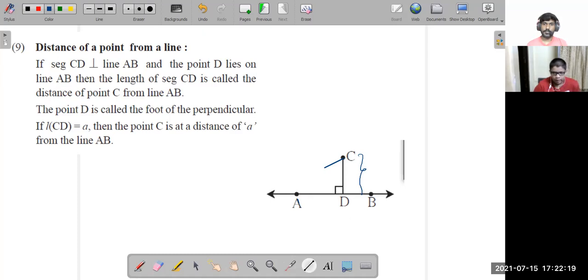Now, if I draw this line CA, this is also a line joining C to A, but this CA will not be the distance between the point C and AB. If you want to find the distance between C and the segment AB, then that will be the perpendicular distance only. Clear? Yes, sir.